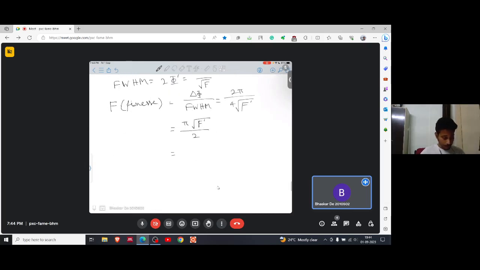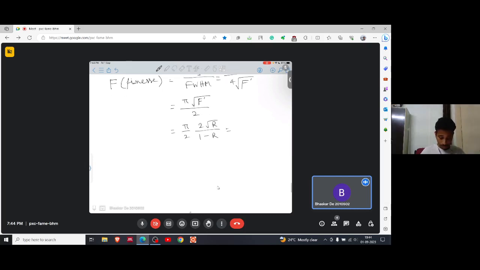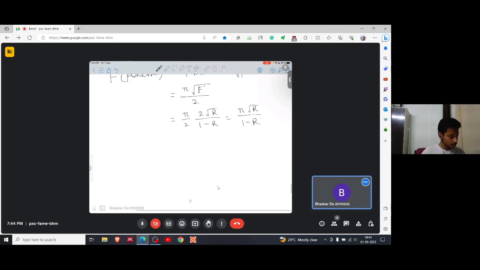So we can write that here, and then we will have pi by 2 root over 4r by 1 minus r. That will be simplified to pi root over r by 1 minus r.